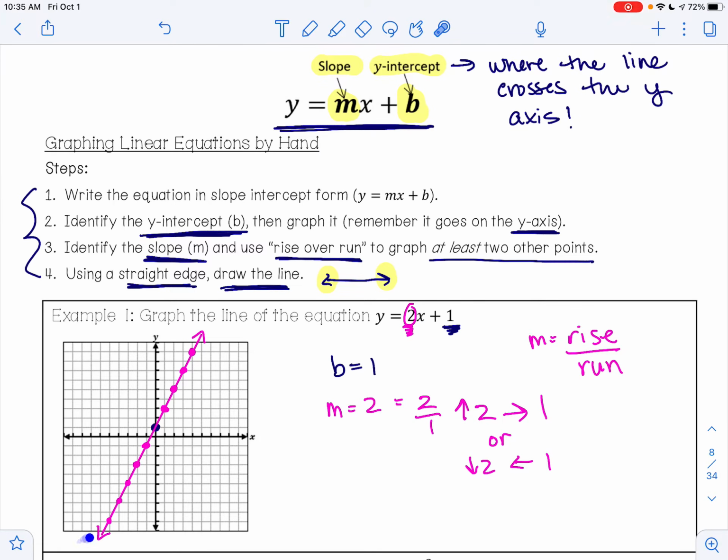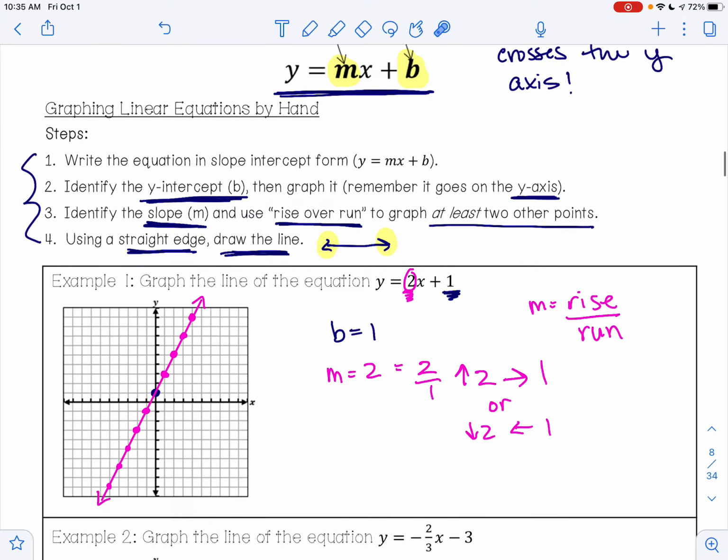We were just given this coordinate plane that looks like it goes 10 by 10. If you were given 5 by 5, it would go on past that. If you were given a graph that's bigger, it would keep going on past that. These arrows tell you that it continues this way forever, and it continues this way forever. Go ahead and pause this video if you don't have all that written down, and when you are ready, resume and we'll try the next example.